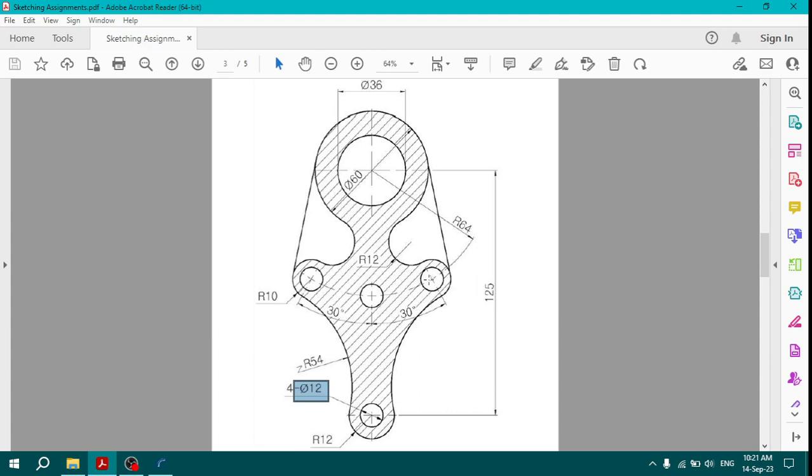Next we have this circle, and this is at an angle 30 degree. If you connect the center of this circle with the center of this circle, this imaginary line would be creating an angle of 30 degree with this vertical axis.